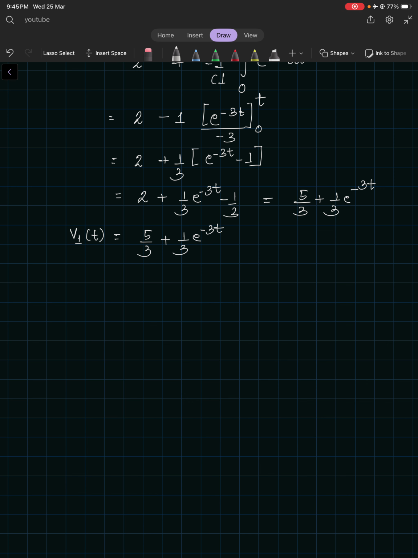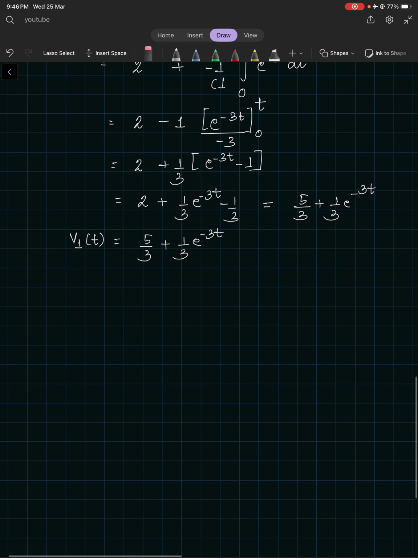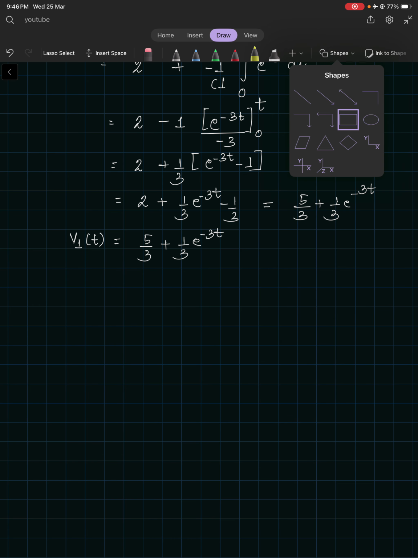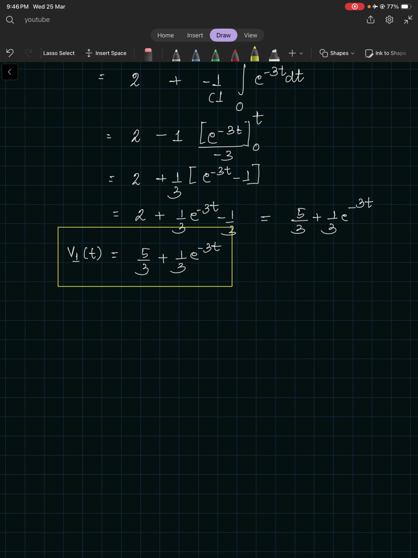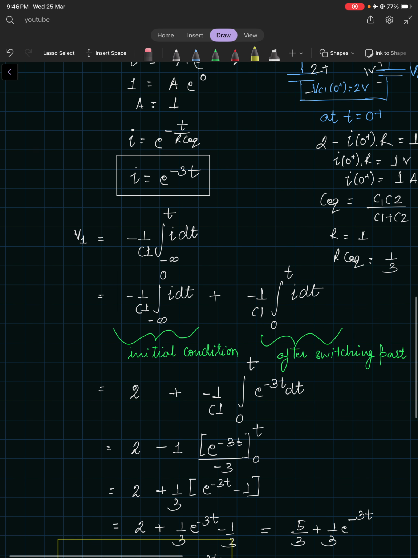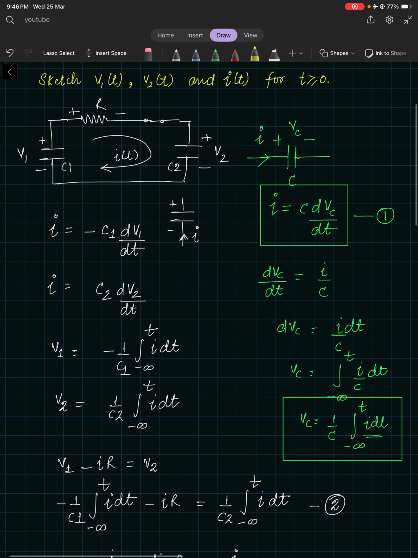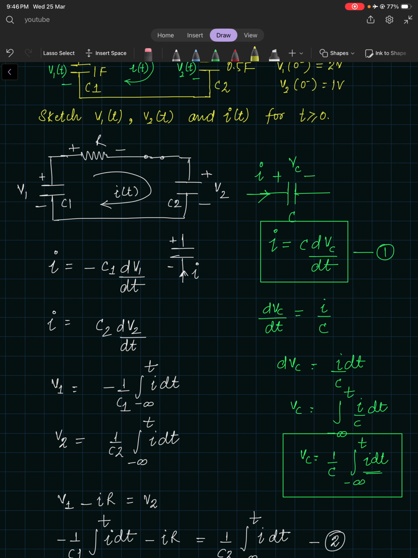Fine, it was charged to 2 volts. So this is the response of v1(t).